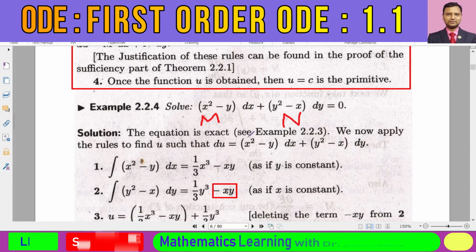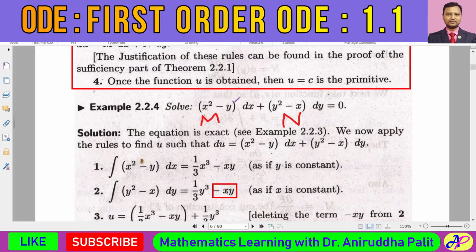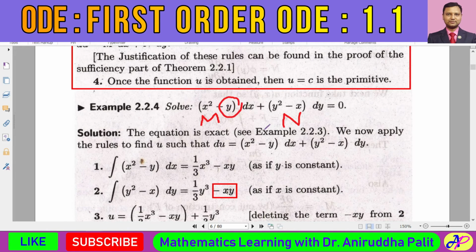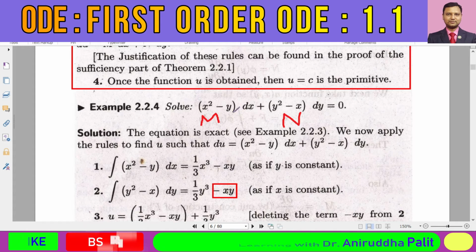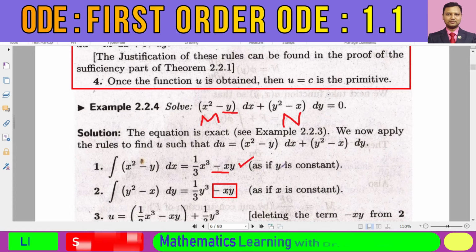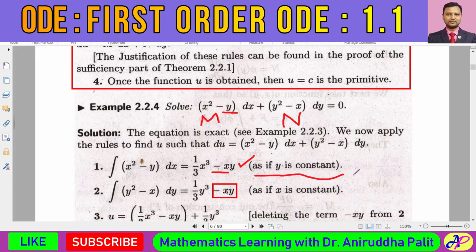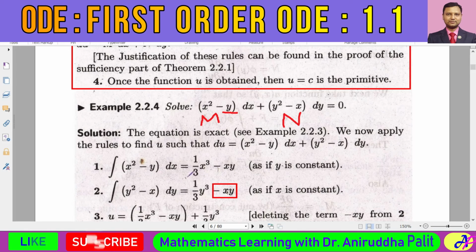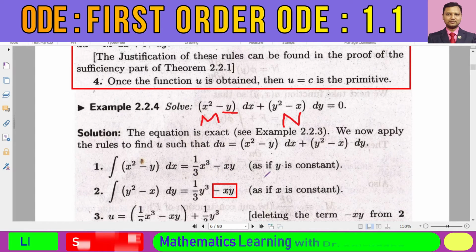Then this y would behave like a constant quantity, so if we integrate it with respect to x, we will get x multiplied by this constant y. So we will have this expression x cubed by 3 minus xy.